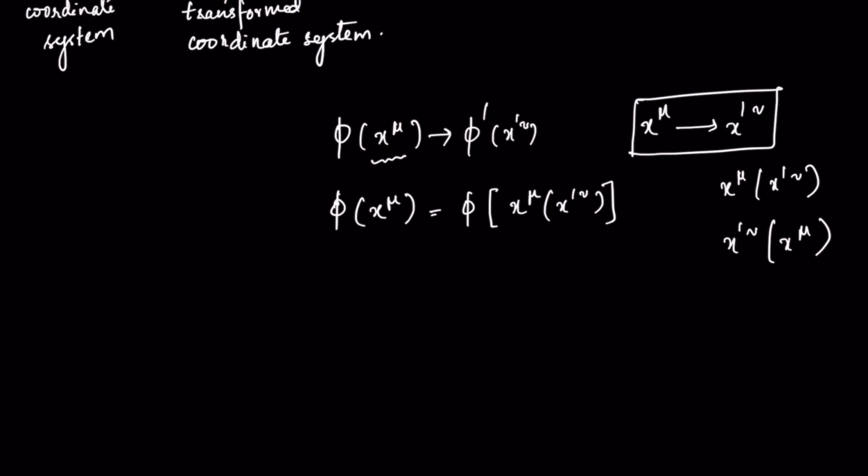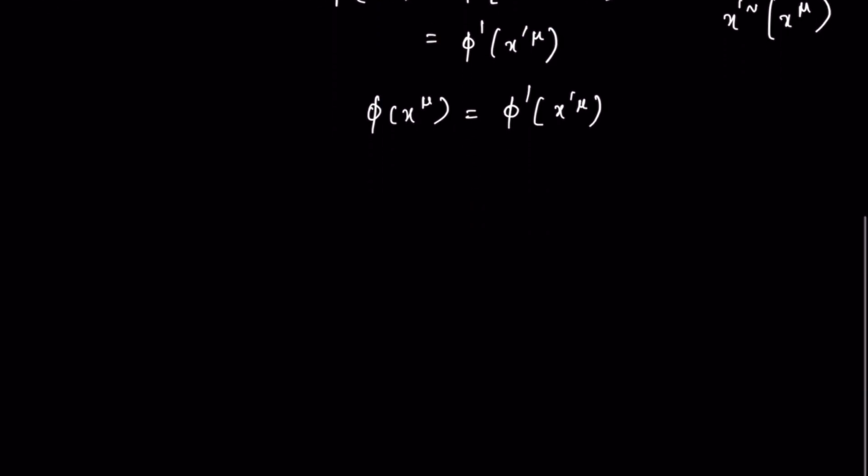So when you do the transformation, you will get phi prime of x prime mu. So you get phi of x mu is equal to phi prime of x prime mu, which means that phi of x mu and phi prime of x prime mu are invariant, or they are the same.